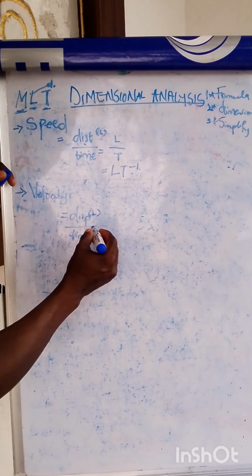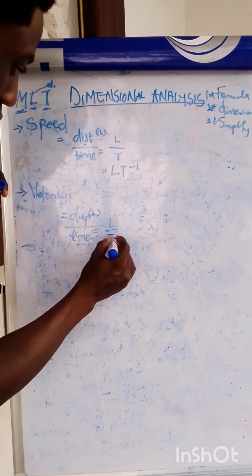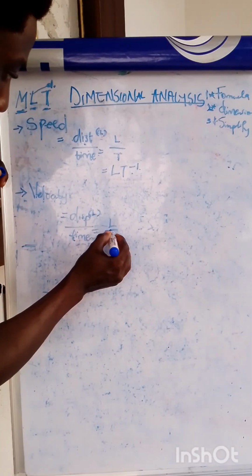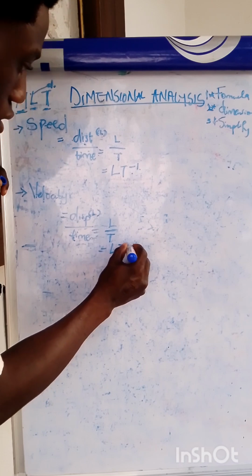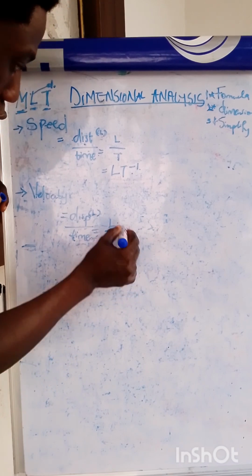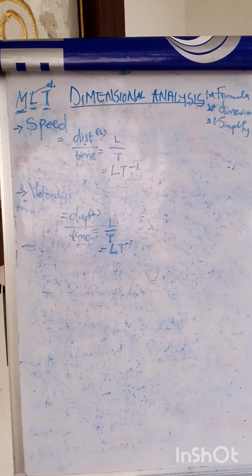You're having your L, and the one you assign for time is your capital T. If T is going to come up, it becomes T minus 1, so LT minus 1.